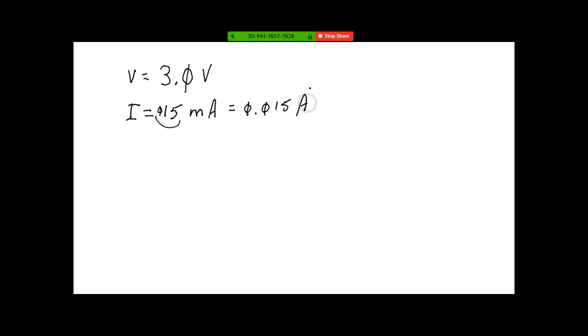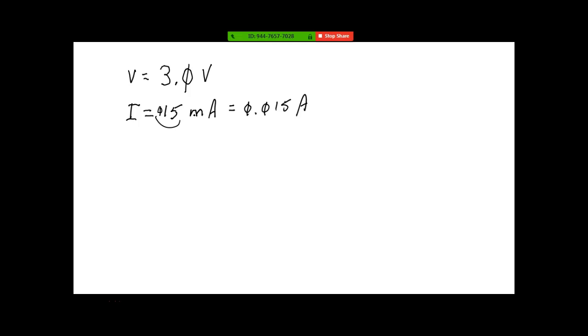Because milli means 1/1000th. You would read that decimal number as 15 thousandths of an amp. And that's what milli means, 15 thousandths of an amp. Okay? If you wanted to write it in scientific notation, that would be 1.5 times 10 to the minus 2 amps. That just is a little more awkward.